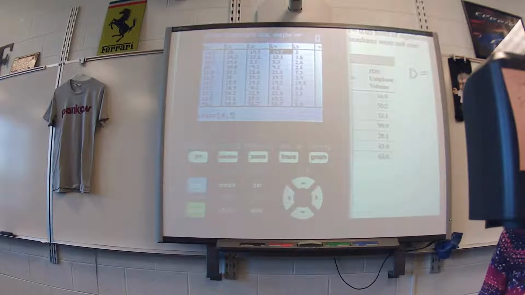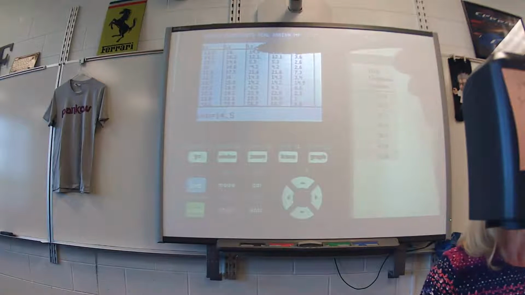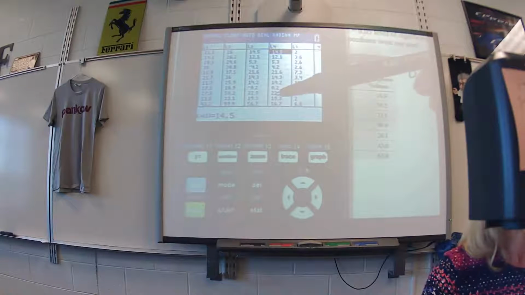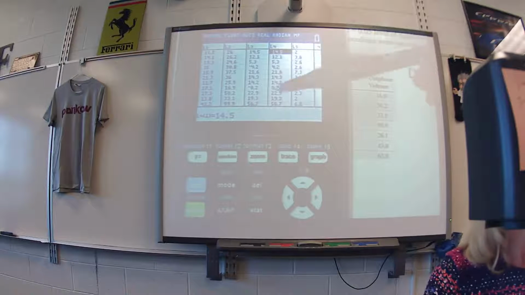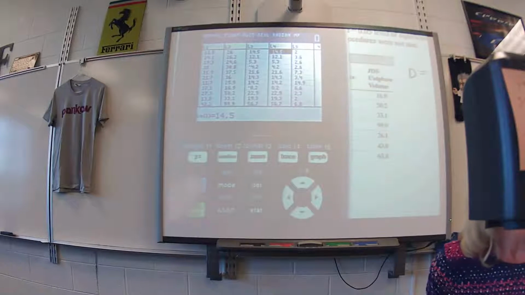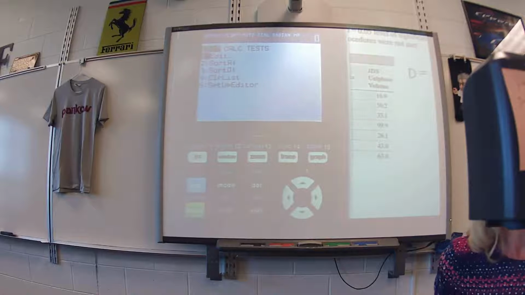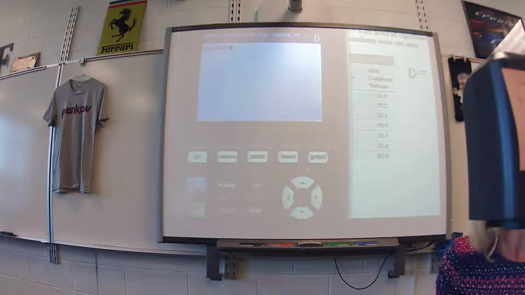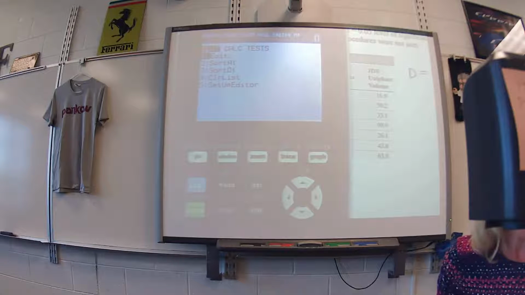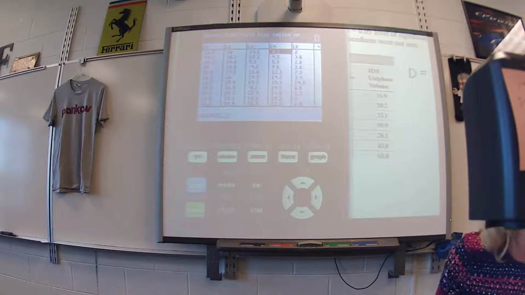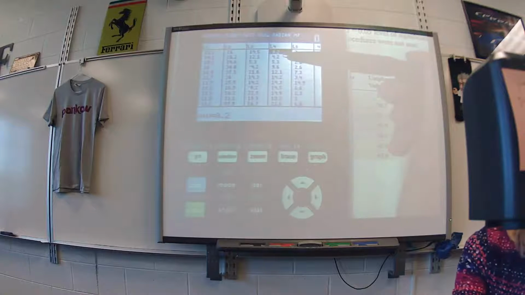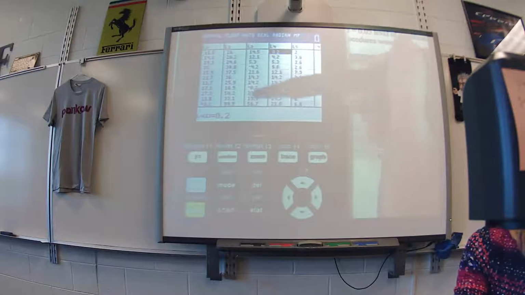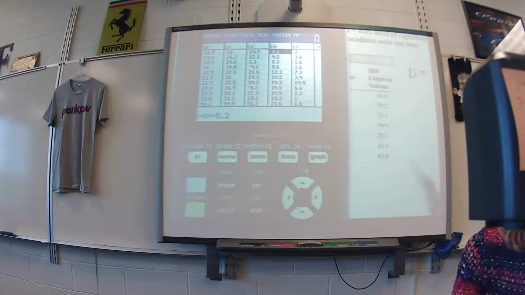I subtracted, took the absolute value, and now I'm going to override column L4. I go to stat and sort L4. It says done. Now when I go back to my data and look at L4, I have all these subtractions, and they're all sorted.